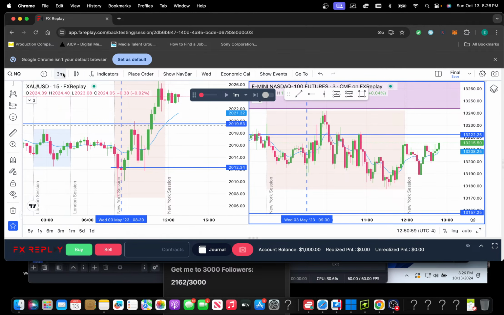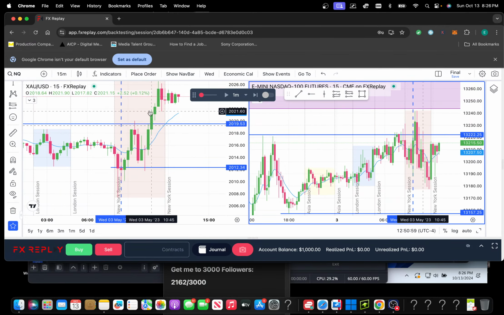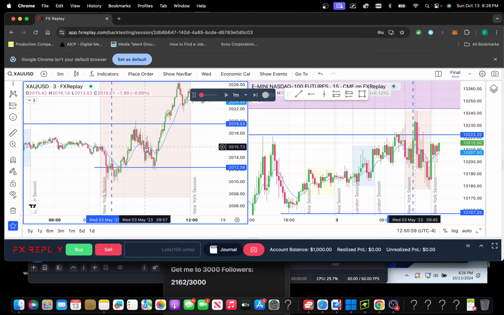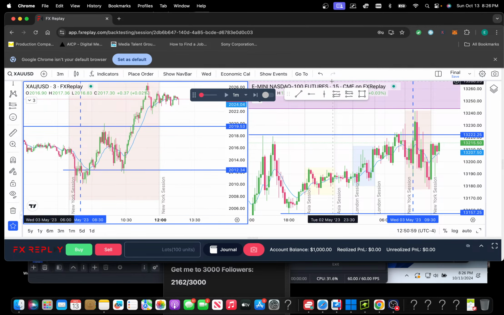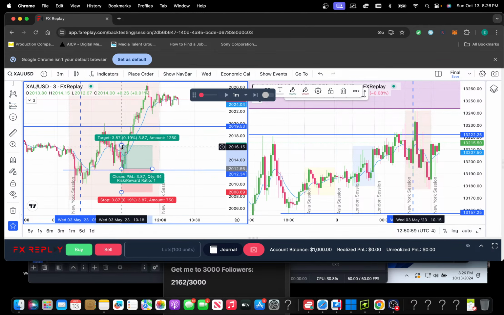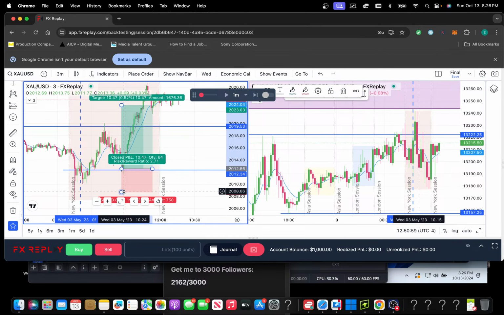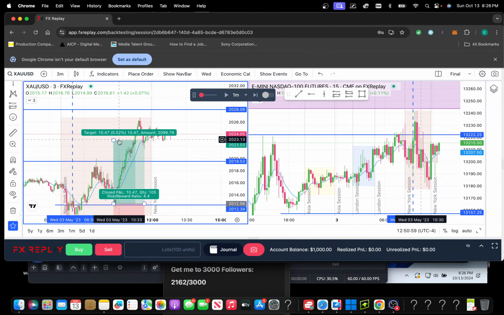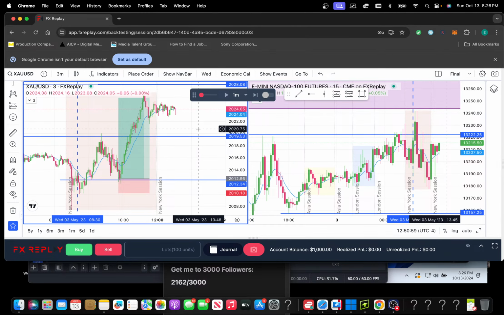Versus gold, let's see. Yeah, it's pretty nice. You come up here, you get in here, and you get a nice little run. 1 to 5 almost, 1 to 6 maybe. Yeah, almost 1 to 6.